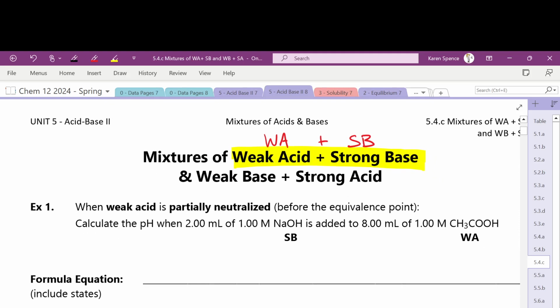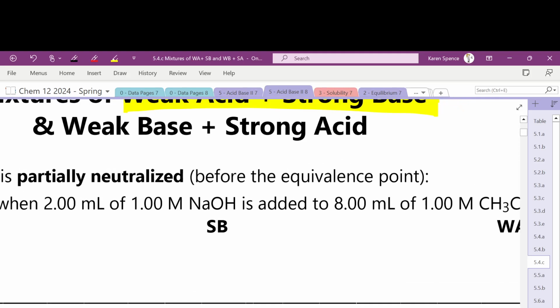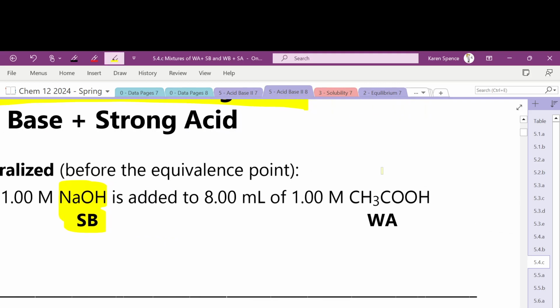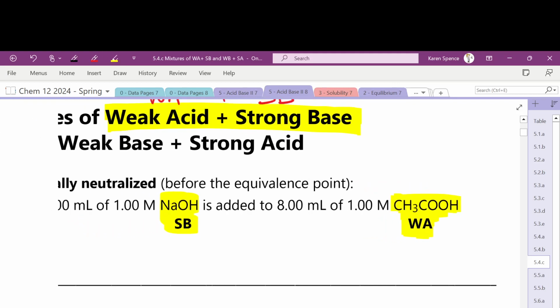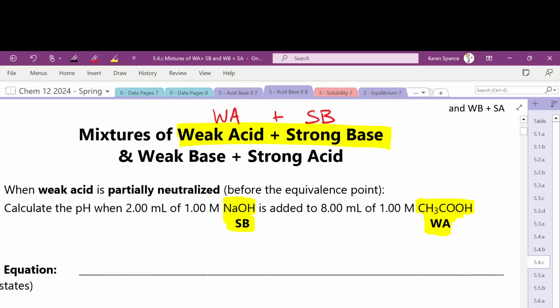So what we're going to do is start with this situation where our strong base is the NaOH and our weak acid is acetic acid. And we are going to partially neutralize it.